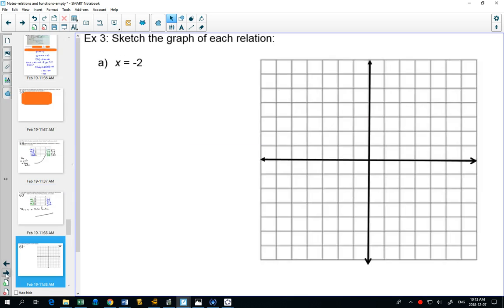So one of the things that we practice a lot is graphing lines. What would a relationship between x and y look like if x was always -2?